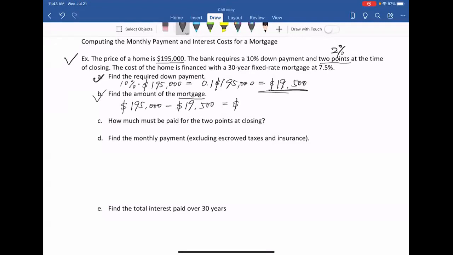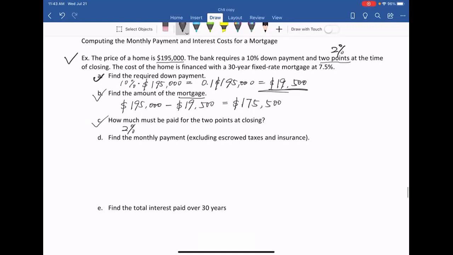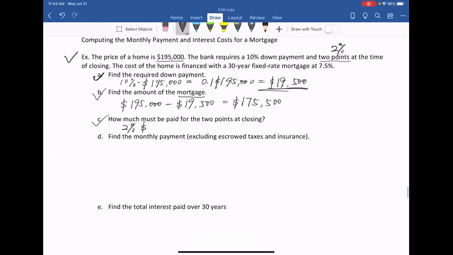What is that? Let's use your calculator to find this. It's 175,000. Oh, sorry, 175,500. And next question, how much must be paid for the 2 points at closing? So 2 points times the mortgage, 175,500.